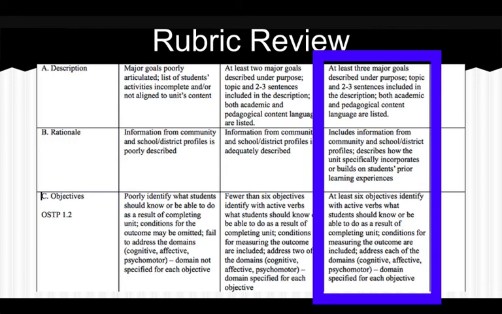Tell them what they need to do to get there. Say, hey, if you explain this a little bit better, you'd have 3 points. Includes information from both school and district community flow files, so you're talking about your imaginary school district, and so on and so forth. You want to make sure that you are helping your peers as much as possible.